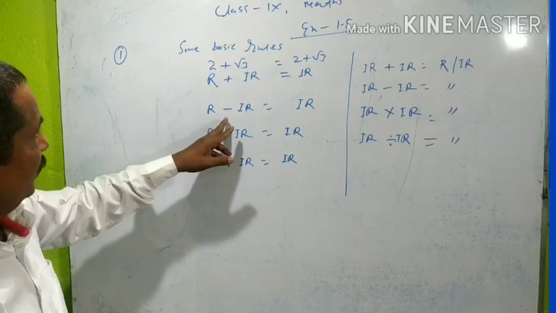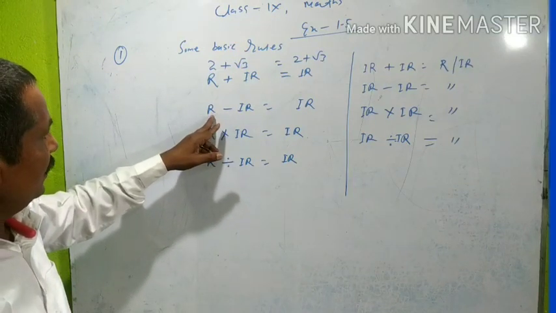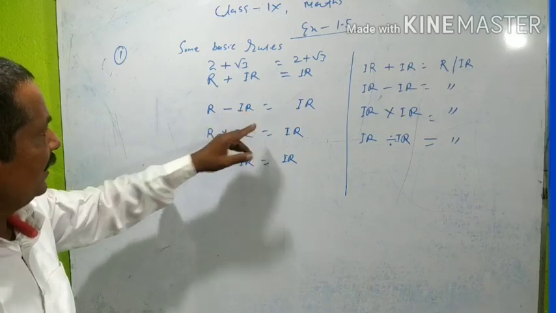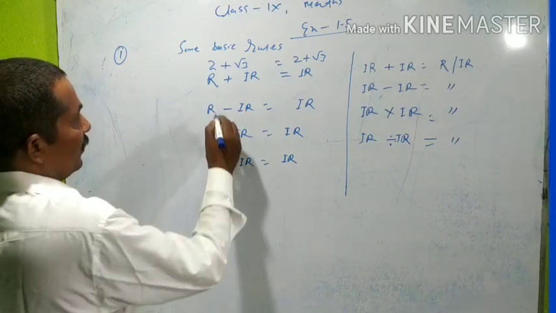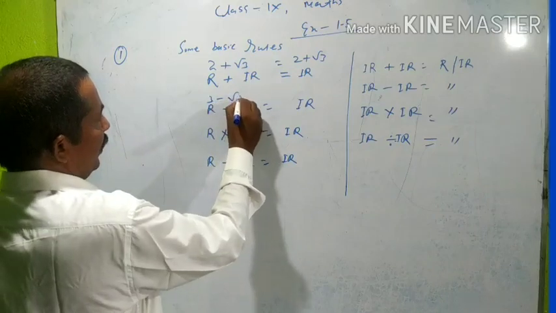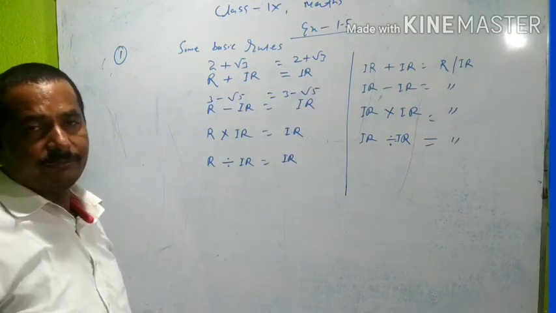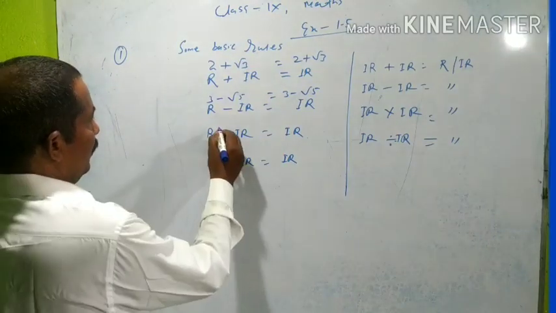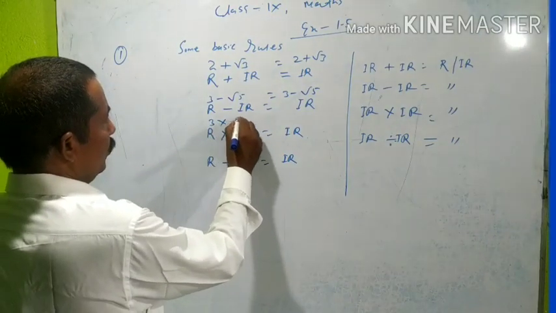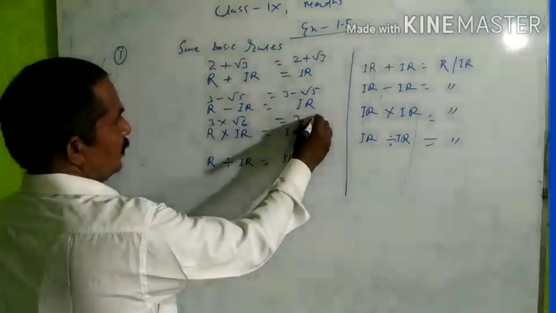Second one, rational minus irrational. 3 minus root 5 is equal to 3 minus root 5, same, irrational. 3 into root 6, 3 root 6, irrational.